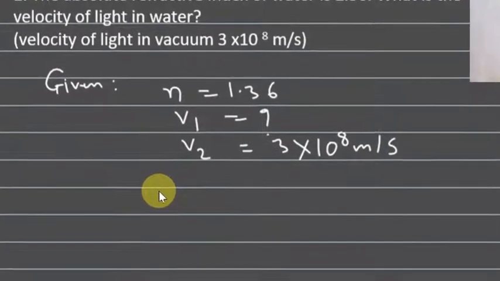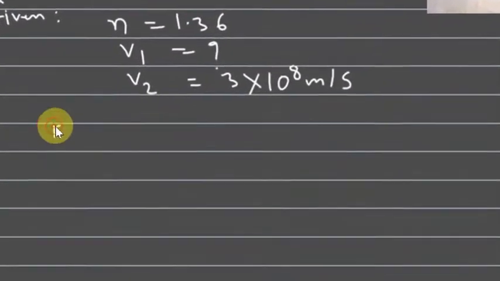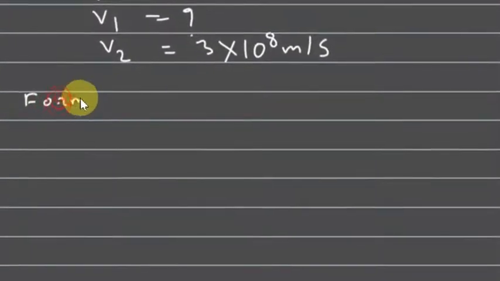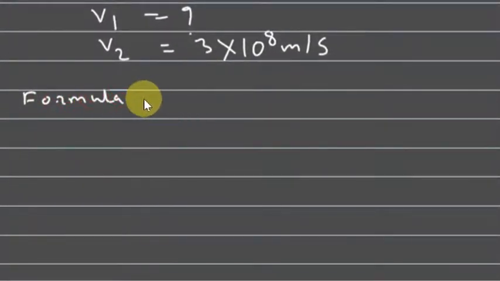Now write down the formula. The absolute refractive index of water, that is 1 with respect to 2, is velocity in vacuum in the numerator and velocity in water in the denominator.